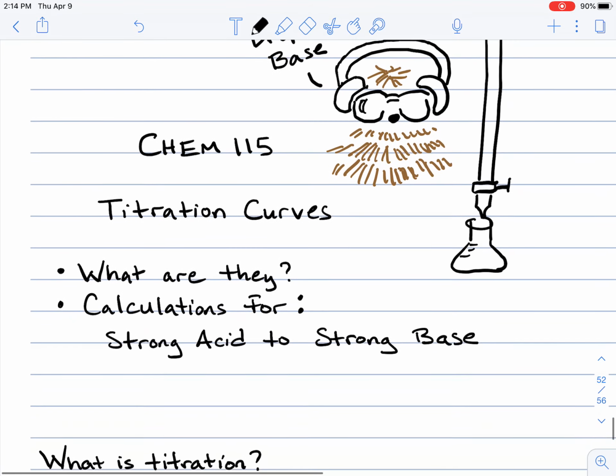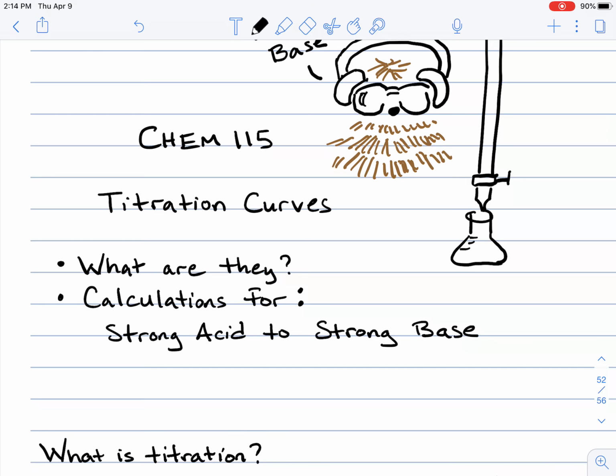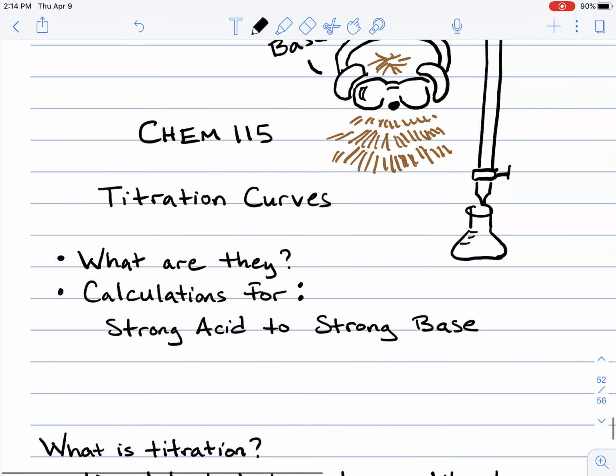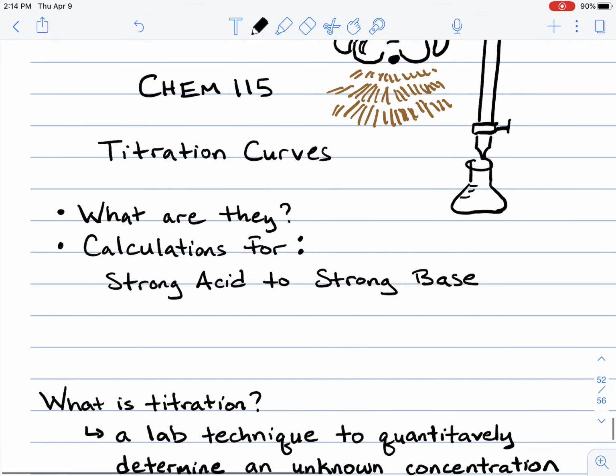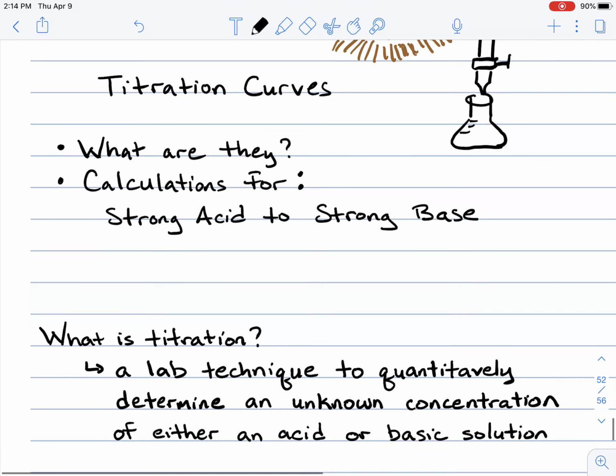So to introduce this topic, we're going to first ask ourselves this basic question: what is titration? Titration is a lab technique to quantitatively determine an unknown concentration of either an acid or a basic solution.